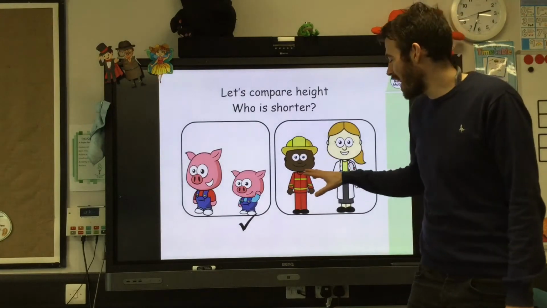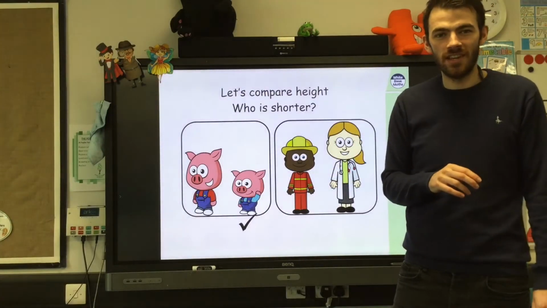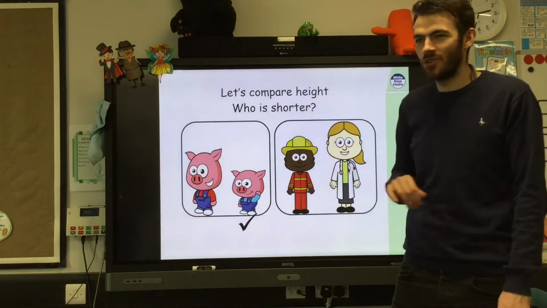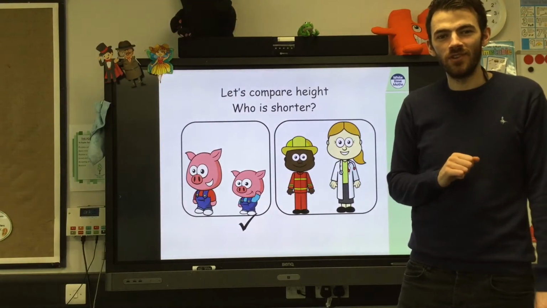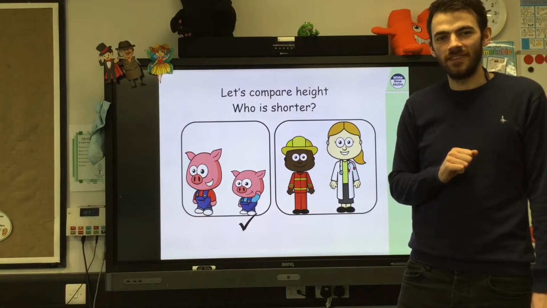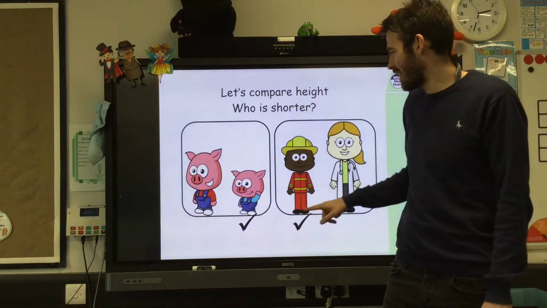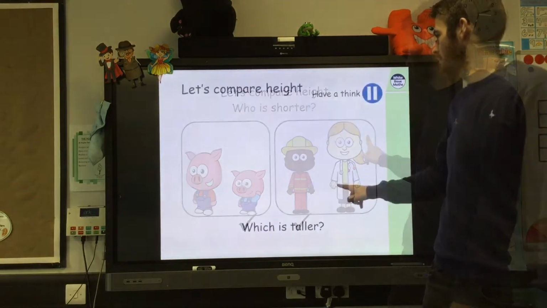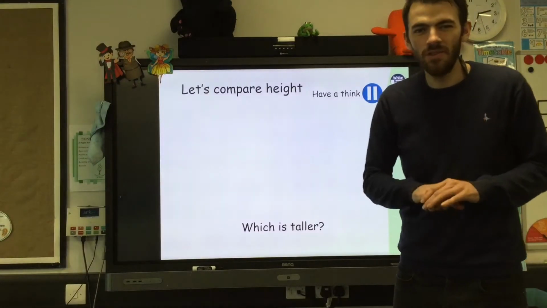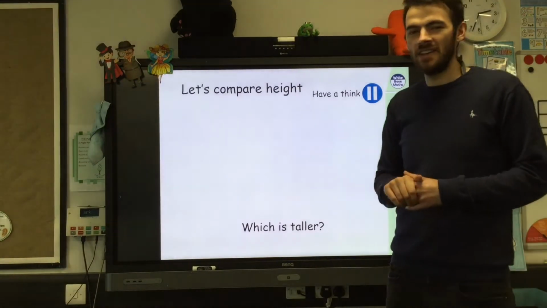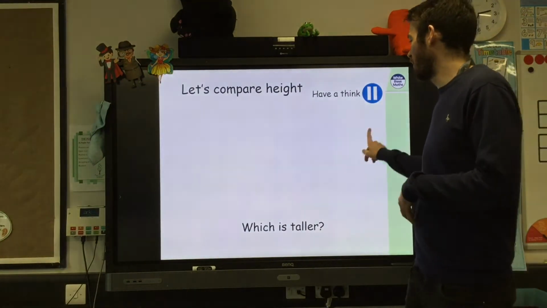Now I have a fireman and a doctor. Who do you think is shorter, the fireman or the doctor? Fantastic job, the fireman is shorter in this example. So now we've found who is shorter. Let's look at an example and decide which is taller.